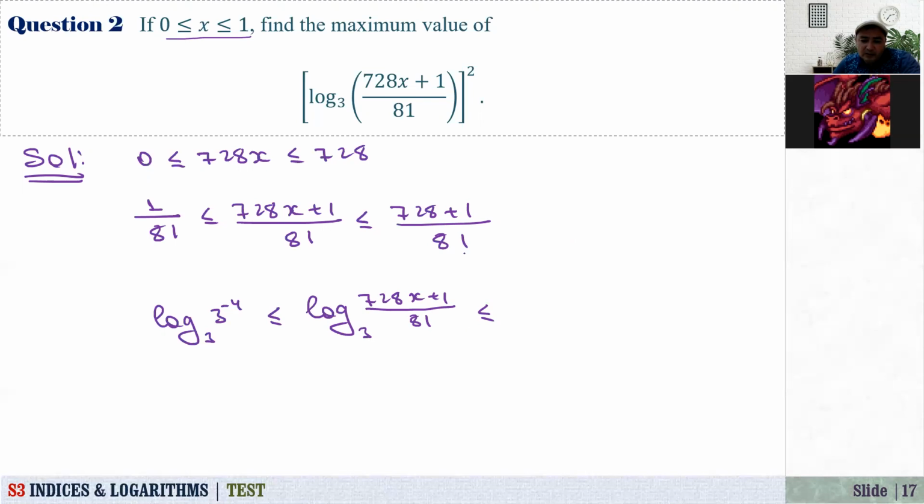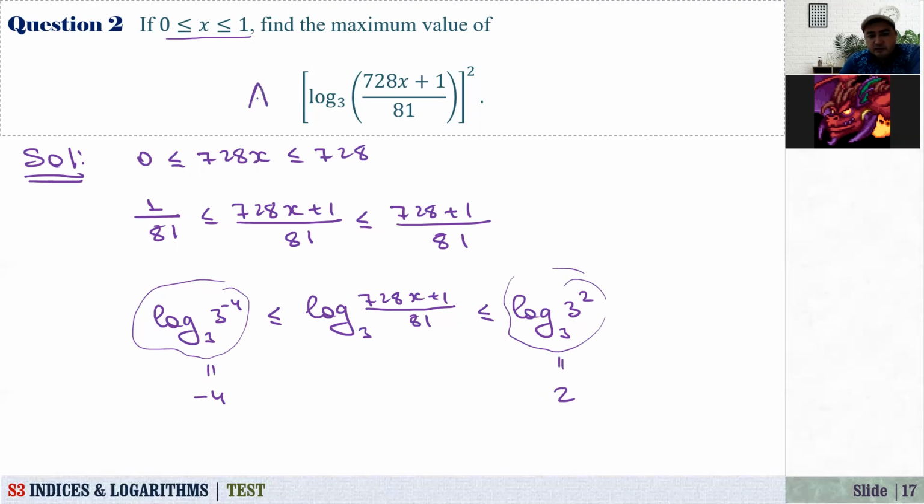If we divide it by 81, that's equal to 9. So here we have log of 9, which is 3 squared, to the base of 3. So here we have negative 4, that's just equal to negative 4, and this part is equal to 2. Since we need to find the maximum value of this one, let's say the whole thing is equal to this. Then the maximum, it is squared, so negative 4 squared is equal to 16.